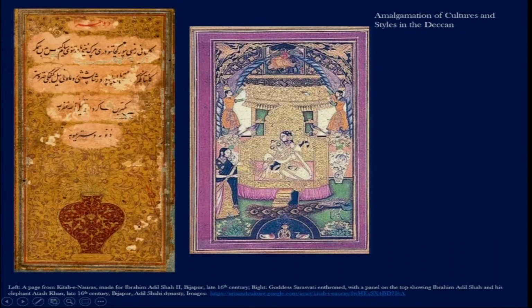This portrait is also presented here with, on the sides, these characteristic Chinese clouds and birds. These Chinese clouds were there in the Persian miniatures, and from there they also moved to South Asia.